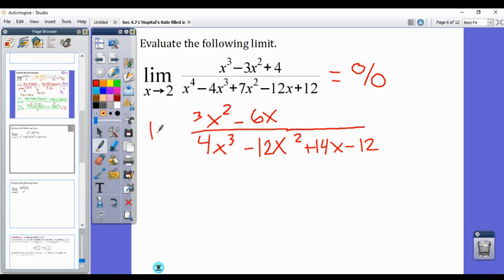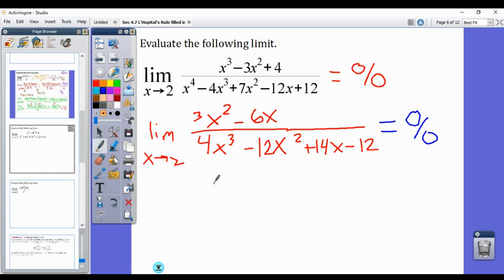Okay, so then I'm going to evaluate the limit as x goes to 2. So I'm going to directly substitute in 2, and I'm going to see if I get something besides 0/0. Okay, so unfortunately, when I plug this in, I get 0/0 again. So that means we're going to apply the rule again and take the derivative again.